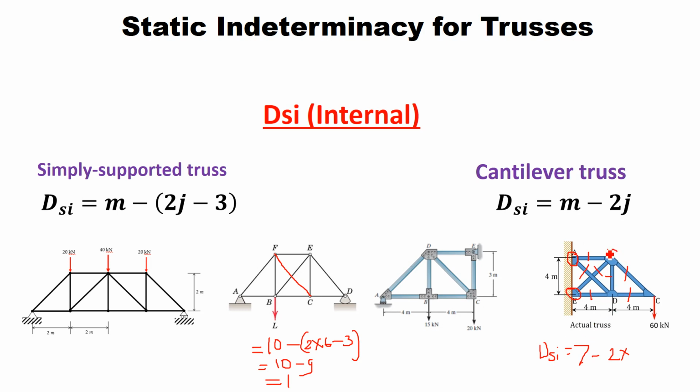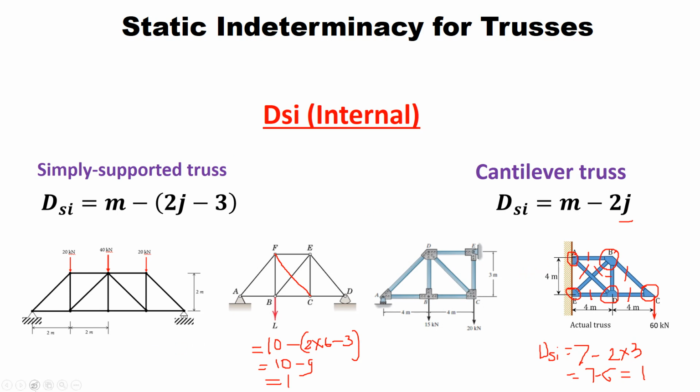So the number of joints is 3 only, 1, 2 and 3. So if you take 3 here, 7 minus 6, the answer is 1. It means this truss is statically indeterminate internally by one unknown. I repeat again, while counting the total number of joints J in a cantilever truss, don't consider any joint which appears on the fixed support. Apart from that, count the total number of joints.